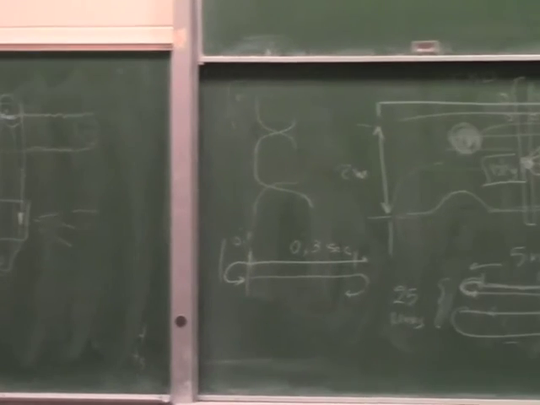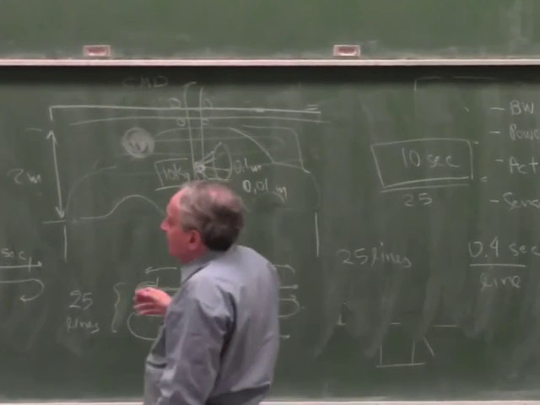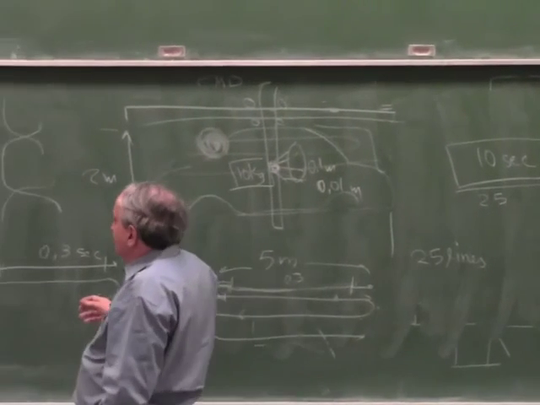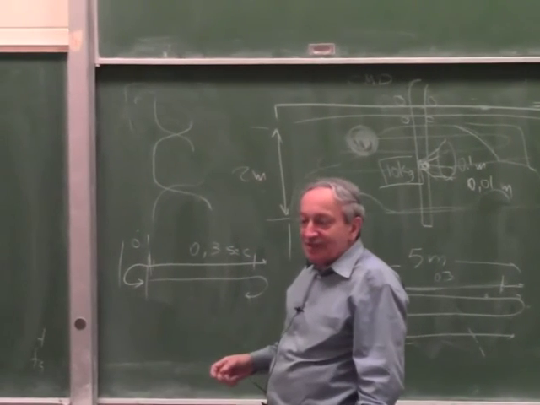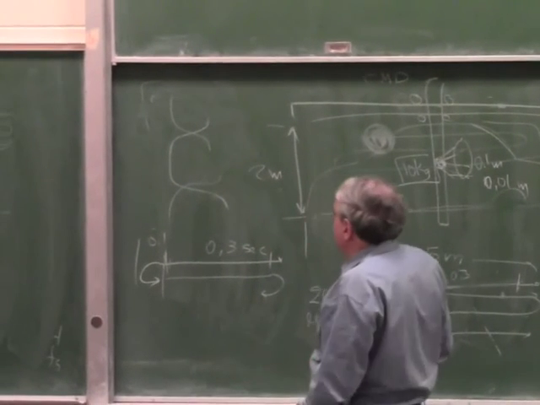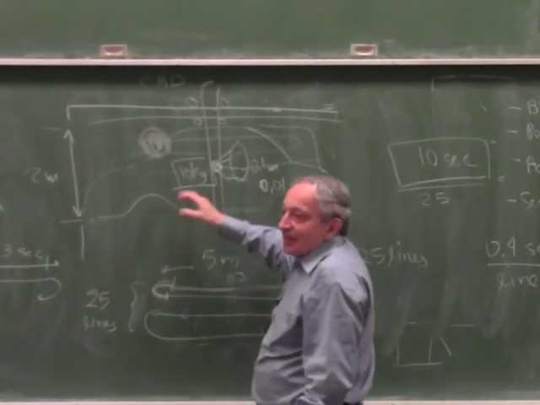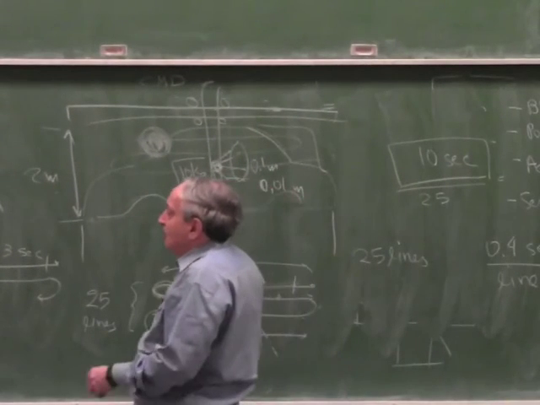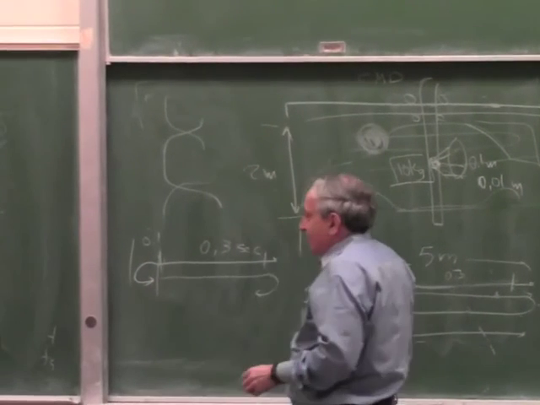Okay, so now we can start estimating how much bandwidth I need, because I can estimate both the force and the bandwidth. The force is easy. I have to take a mass of 10 kilo. I have to bring it to a stop and reverse it in 0.1 second.